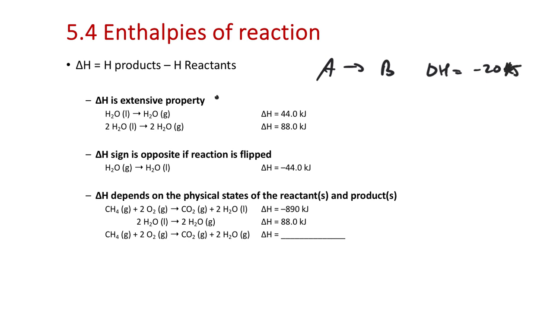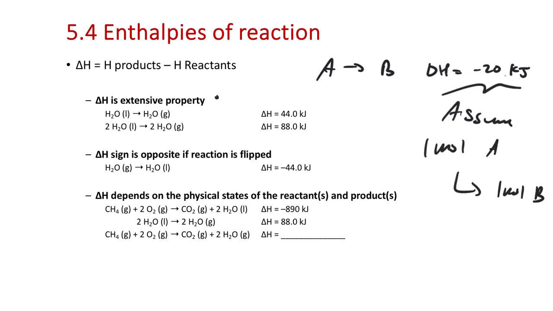The mole is assumed to be 1 mole of A forming 1 mole of B. So the moles are assumed to be whatever the coefficients are that I wrote onto the reaction. So we're assuming 1 mole of A completely turns into 1 mole of B. So we're assuming 100% yield of that reaction.